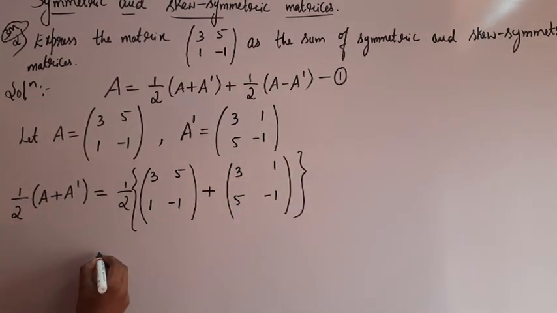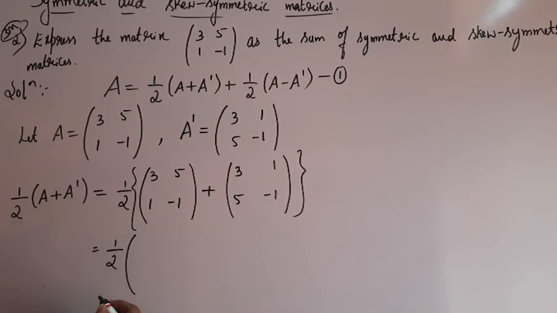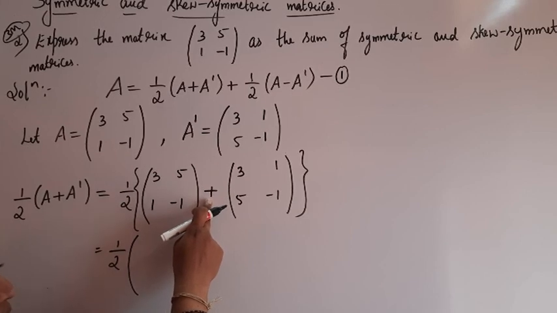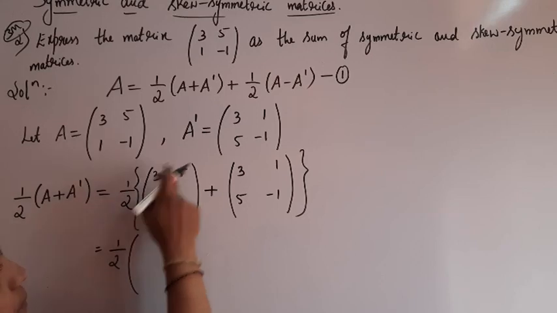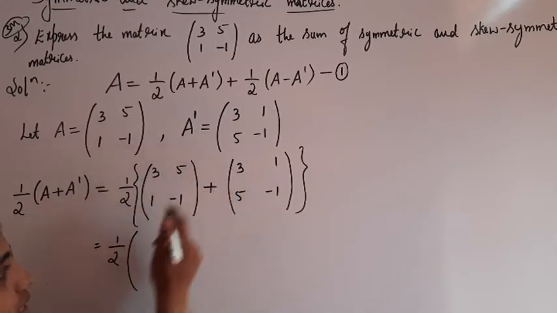Let us simplify this. In between these two matrices there is a plus sign, so we have to add their corresponding elements. 3 plus 3 is 6.